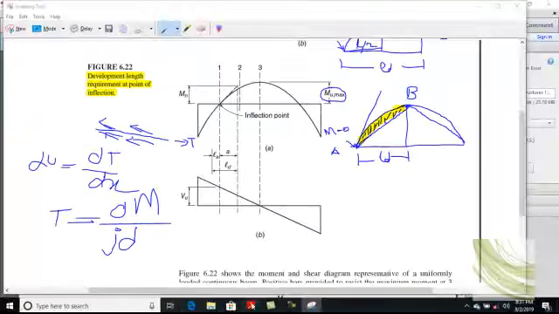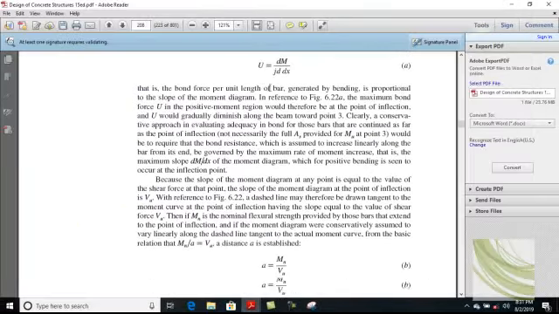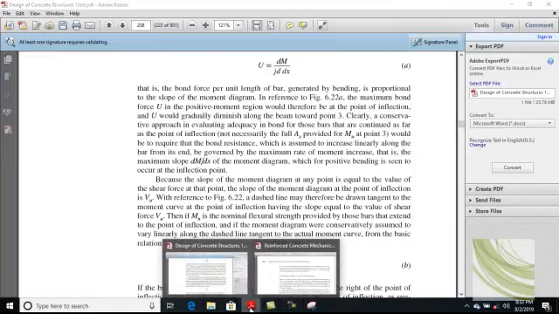So basically from this relationship you can get that bond strength is proportional to bending moment along the length. If we keep these two constant, you can directly say that bond strength is proportional to moment. That is, the bond force per unit length of bar generated by bending is proportional to the slope of the moment diagram. Clear? This is very interesting.